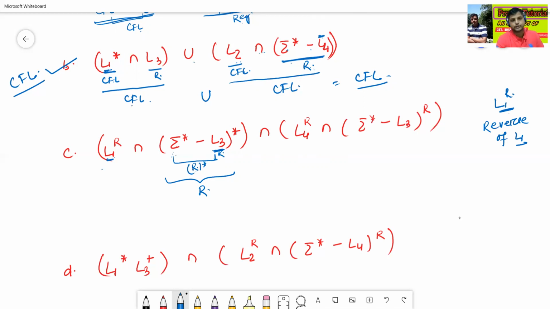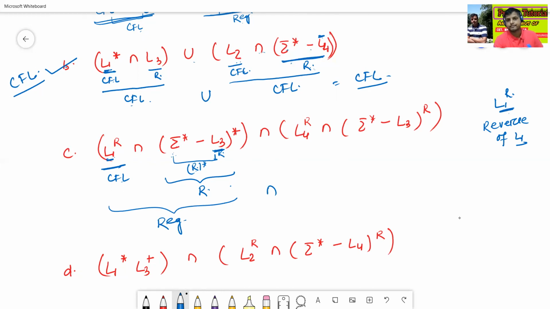This part is CFL, and this part is regular. CFL intersection regular is always CFL, then intersection.